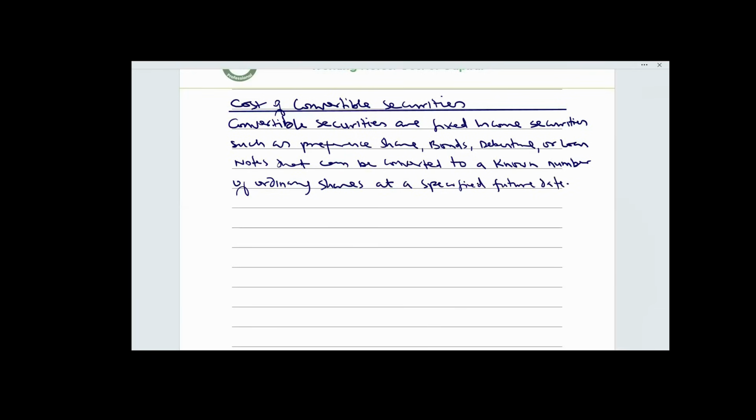Okay, so that is convertible security. Any security that has the feature of convertibility to equity is known as convertible securities.